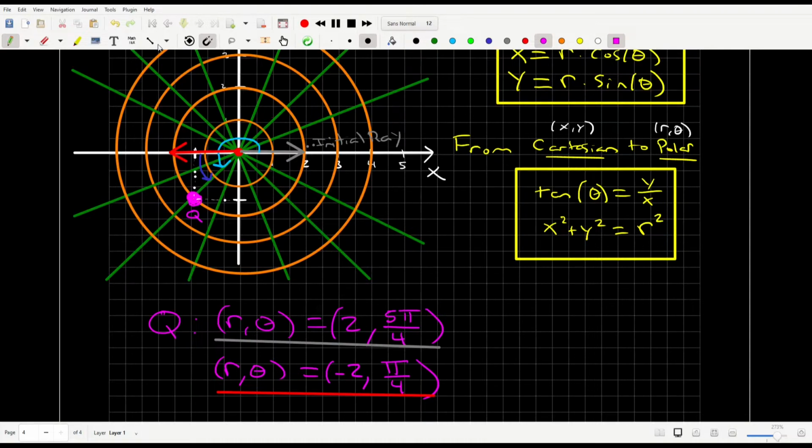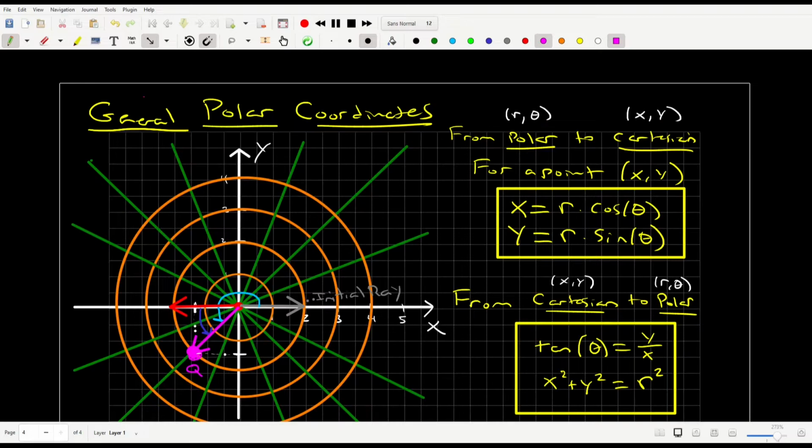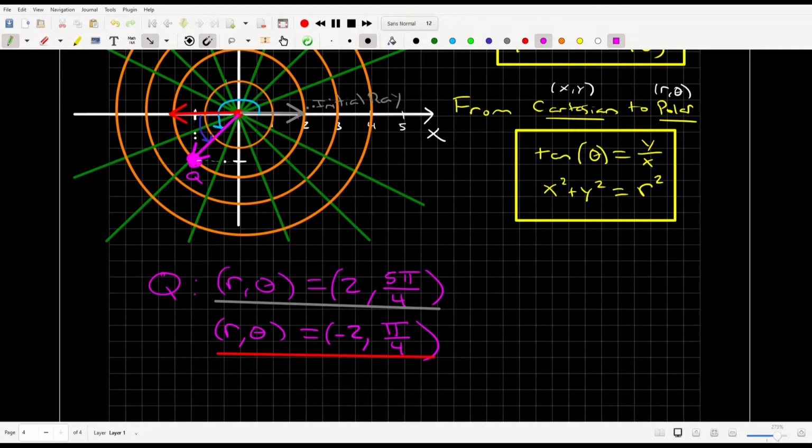Either description works in describing this point and will give us a good description of the point Q. And it turns out that this is a very important thing to consider, because we will have equations that will give us negative r values. We need to be able to consider this. So this is what happens with general polar coordinates. The point descriptions are not unique.